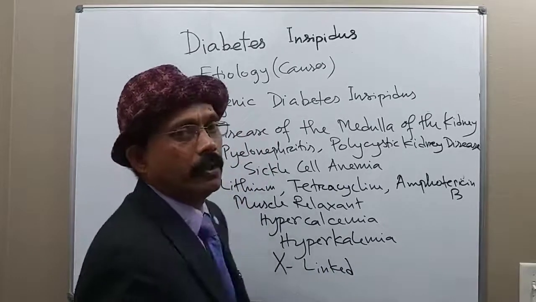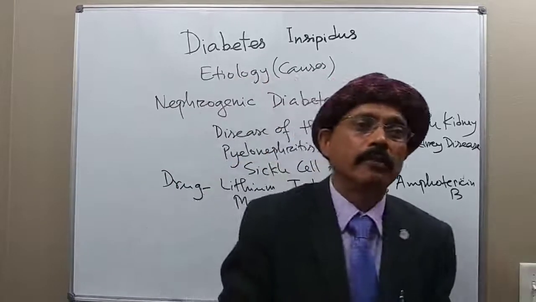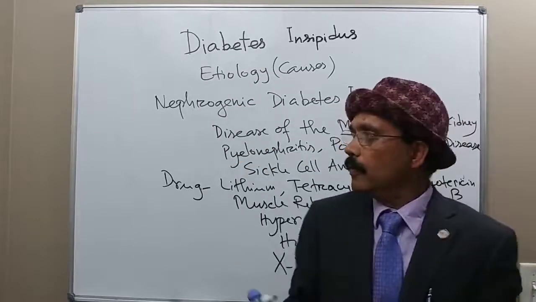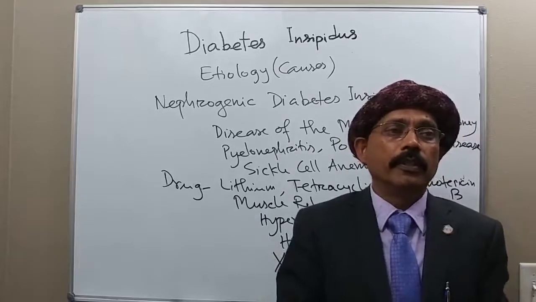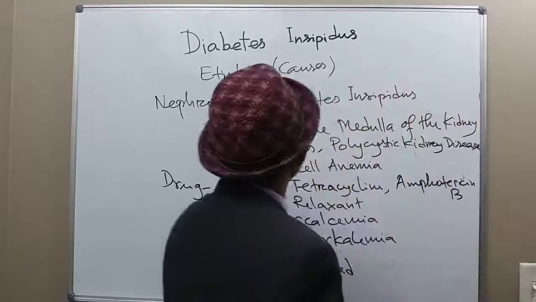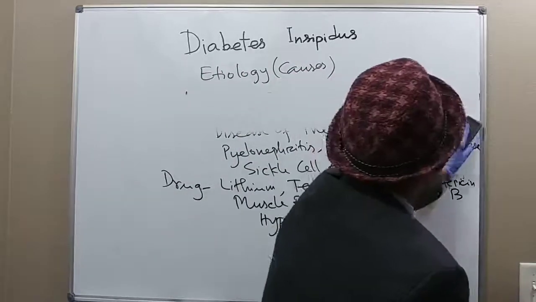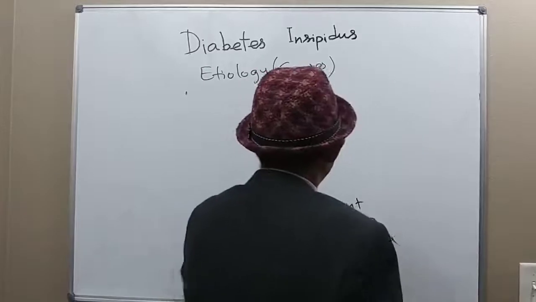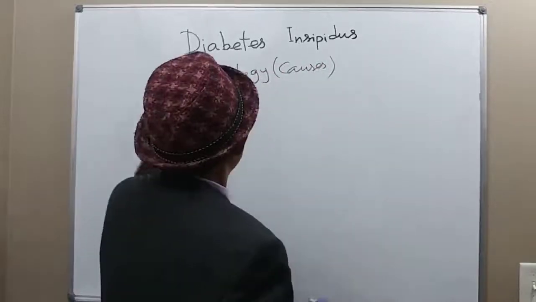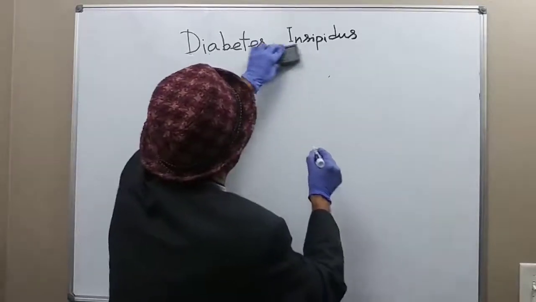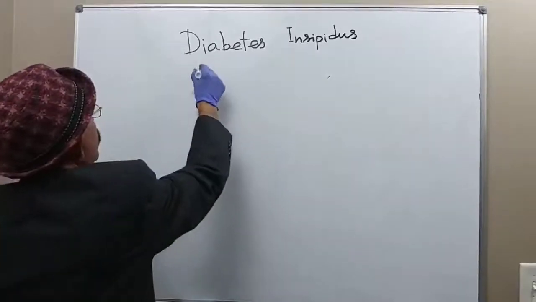That is a possibility. Okay, we got the causes of nephrogenic diabetes insipidus. What are the possible differential diagnoses? So, differential diagnosis.